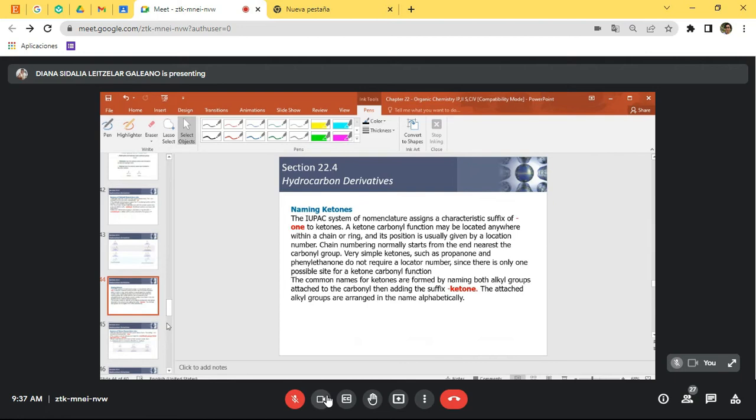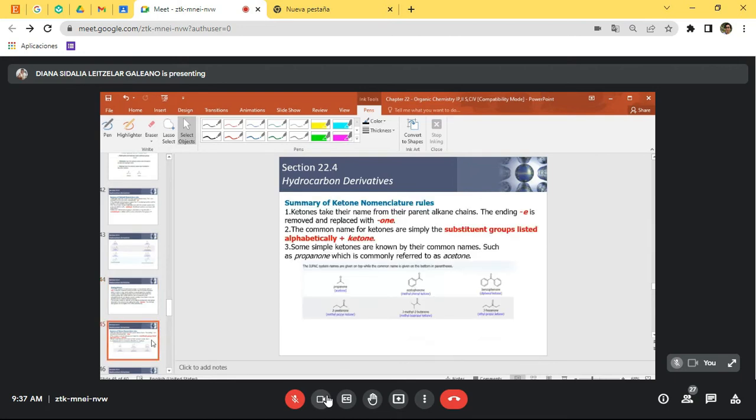Now, naming ketones. First, we will see the examples. Ketones are organic compounds that contain a carbonyl group in the middle of the molecule.